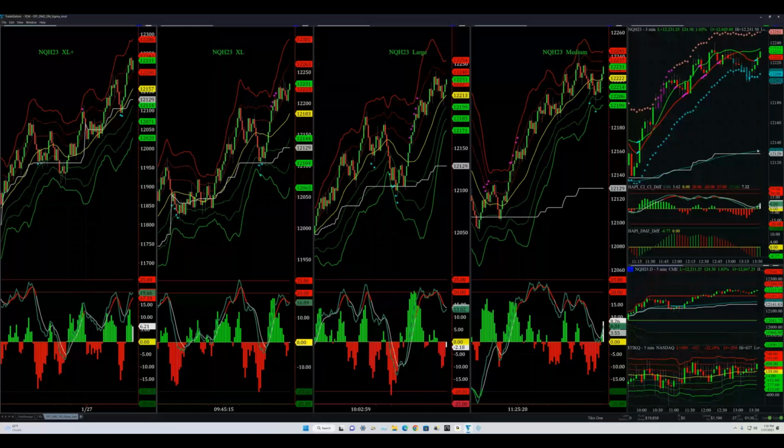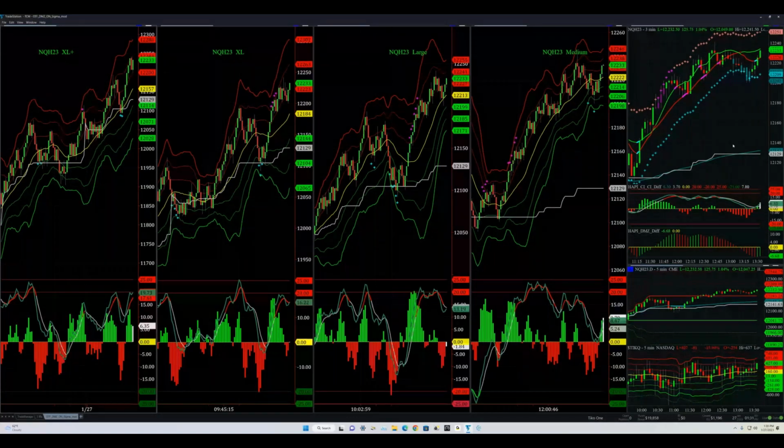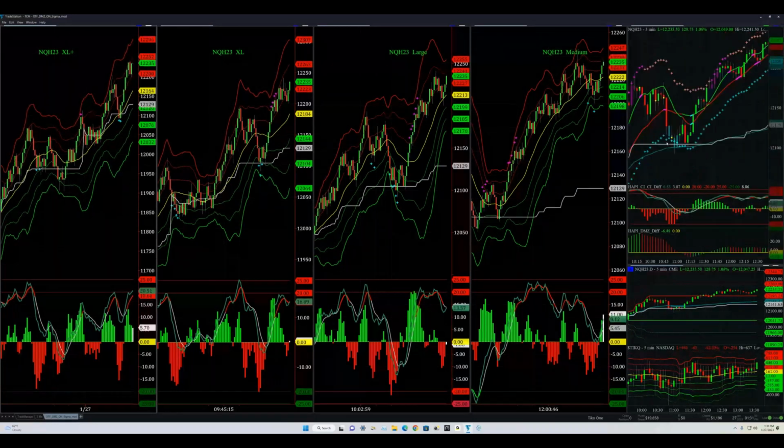This is my favorite level of support and resistance for day trading, and this is my favorite type of day trade right here. So if price comes down, I either get cyan bars or I get the CI right here oversold, and I can catch support right here on the MBS, the white line, and the VWAP, and I play it to the long side and try to catch it and run it back up to get overbought.